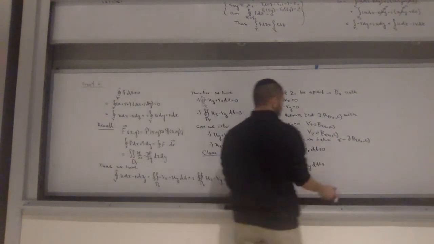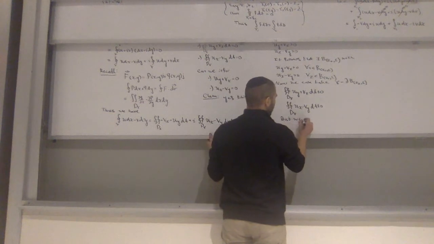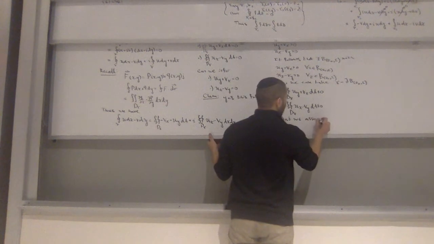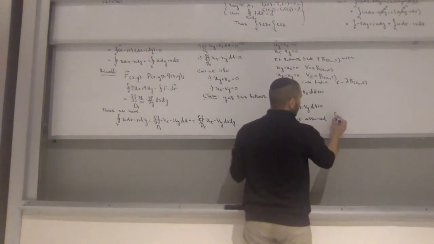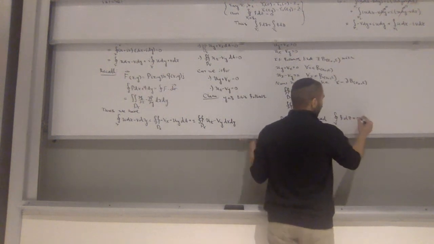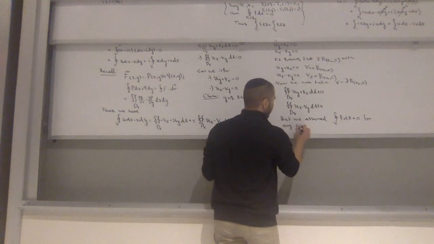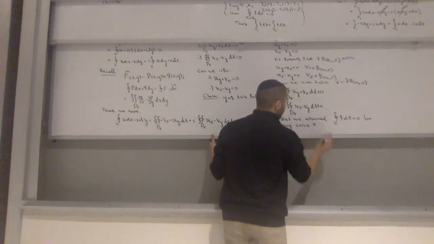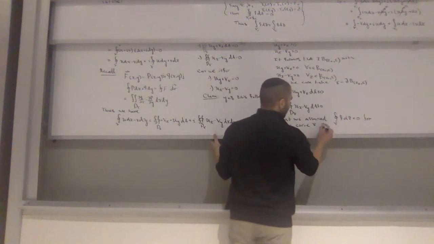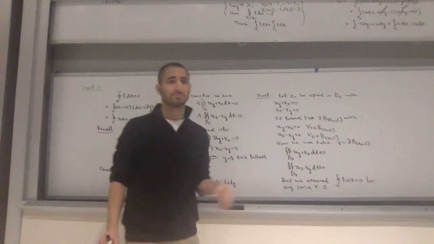But we assumed that the closed integral around gamma of f dz is 0 for any curve. That's the end.